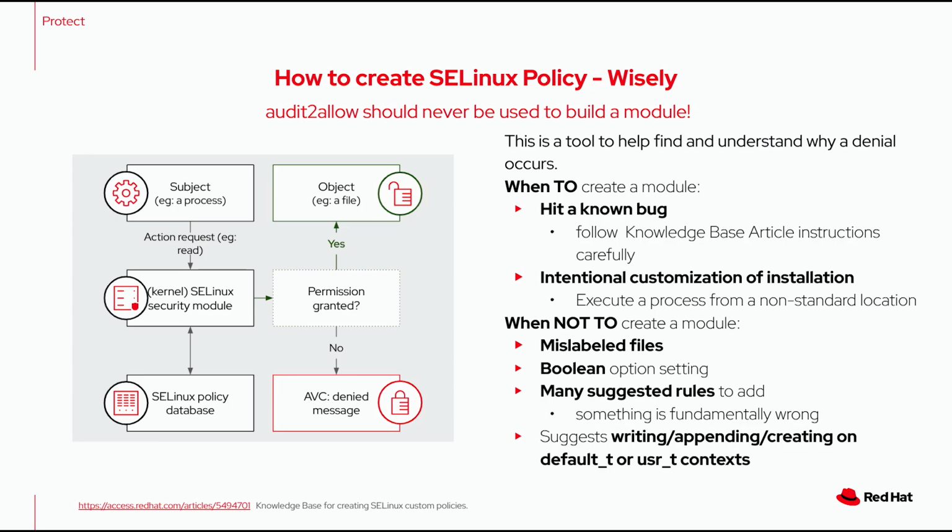And if it suggests writing or appending to the default type or user type context, that's way too broad. It's like Windows, all of the domain users, if you're familiar with that, or all of your users. That's a global setting. You don't want to necessarily open that up.